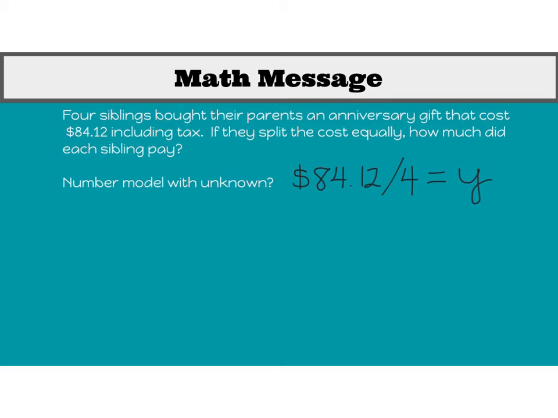We could change that all to pennies, right? So we could pretend that that decimal point's not there, and we could divide 8,412 pennies by 4 and then figure out how many dollars that would be in the end. So depending on what route you took would determine your strategy, of course. So that leads us to what are we going to be doing for our lesson today, right?